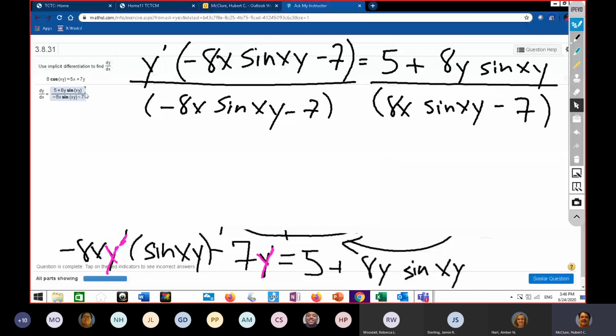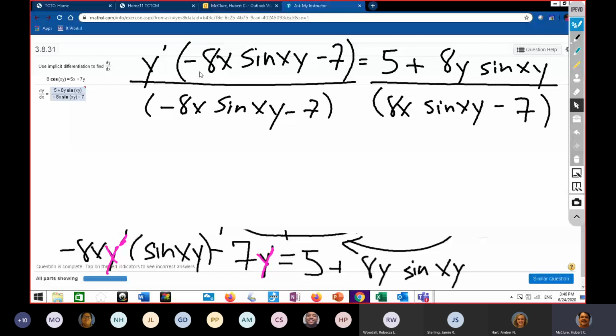5 plus 8 sine of xy, negative 8x sine of xy minus 7. Look there. And that negative, I left the negative off right there. I don't know why I left it off. The negative's right there. I just left it off. Left it off right there too.